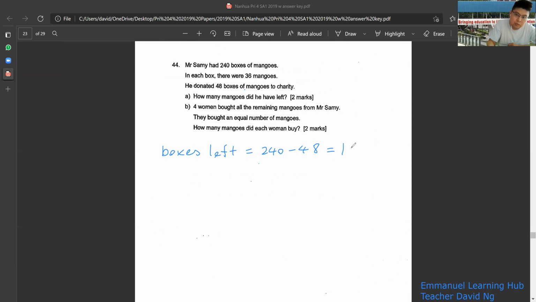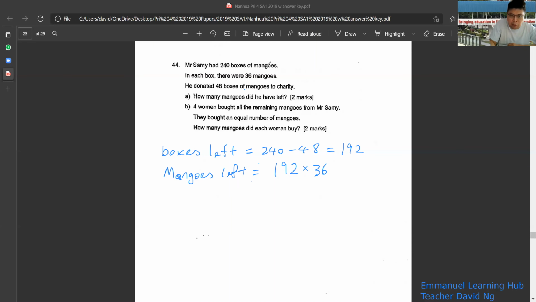Oh, that's the boxes left. Okay. I put 336 plus 48. No.